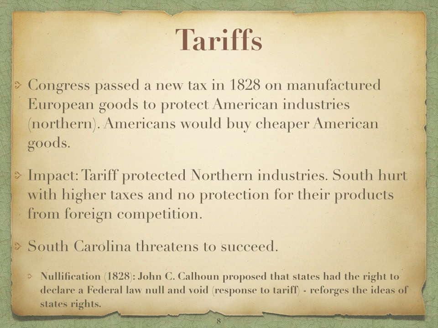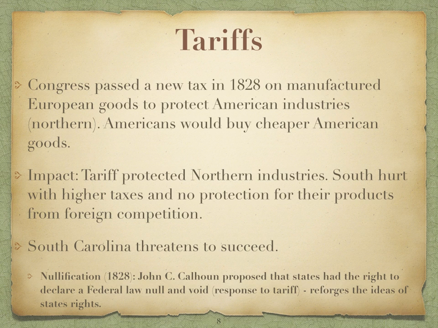So the Americans would buy cheaper American goods, but then it ruins the trade arrangements between nations. The impact: it protected the northern industries, that's true, but the South had to pay higher taxes, and even then, in the 1820s and early 30s, South Carolina threatens to secede from the Union.